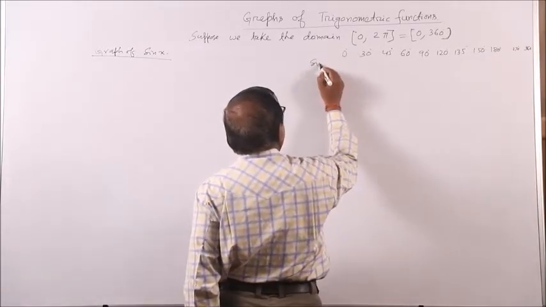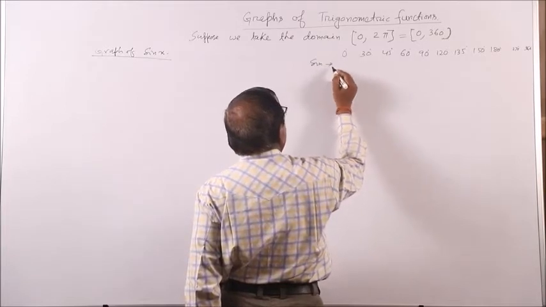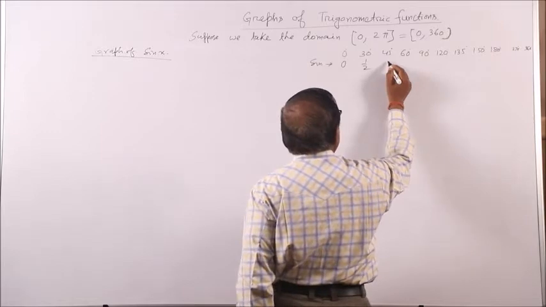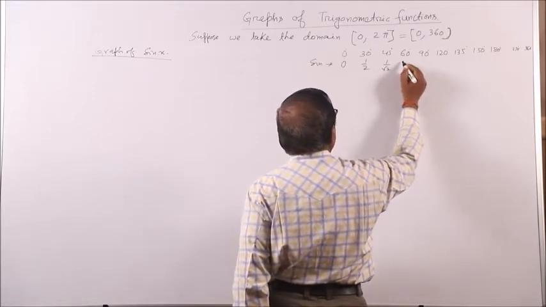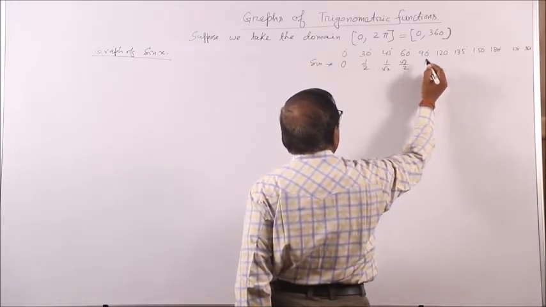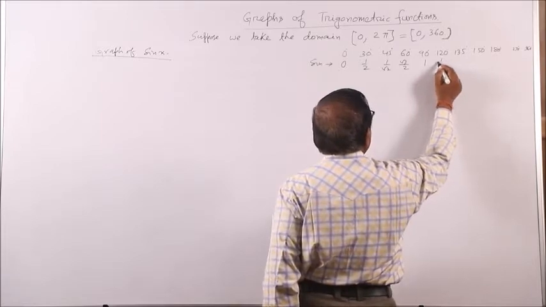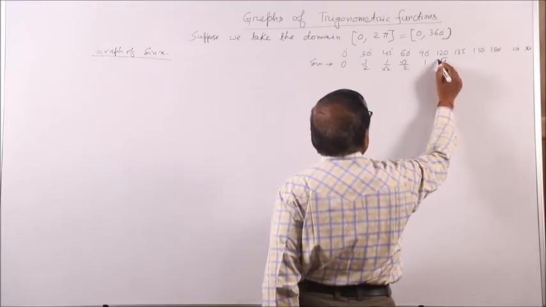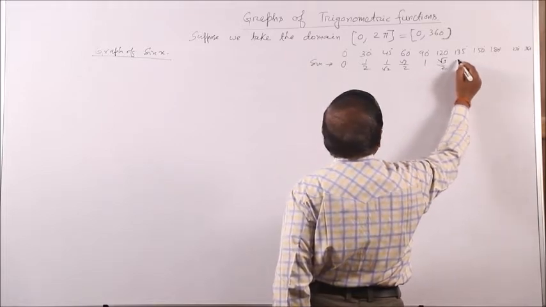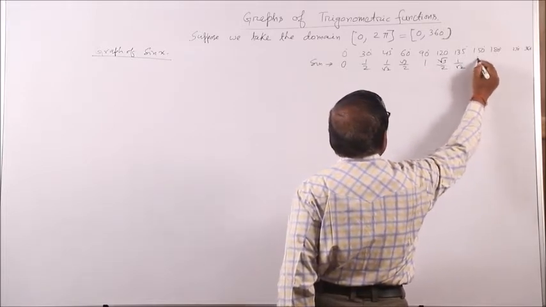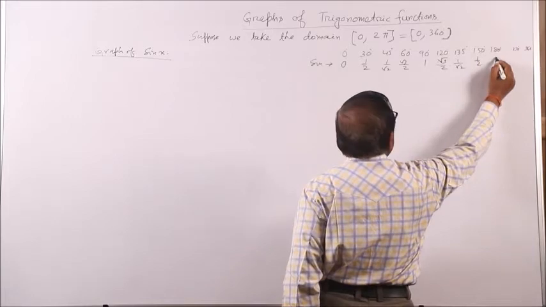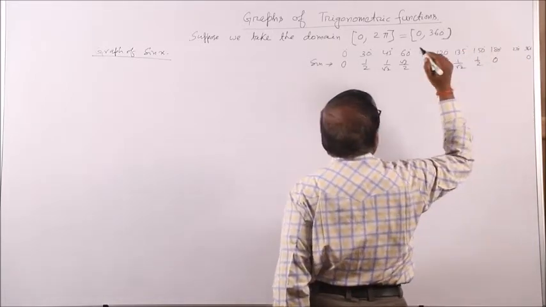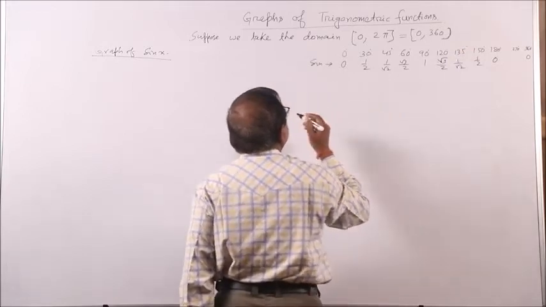You see, if you take this sine: sin 0 is 0, sin 30 is half, sin 45 is 1/2, root 3/2, 1, this is repeated, root 3/2, 1/2, half, 0, like this.